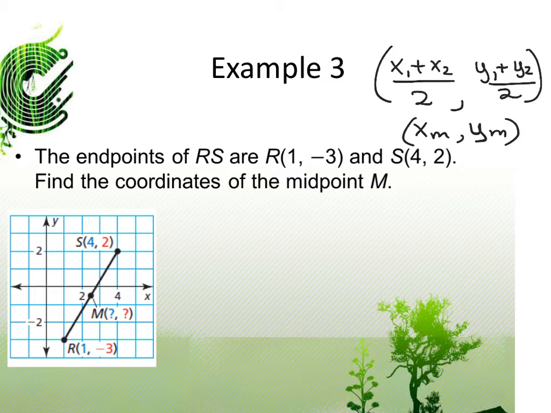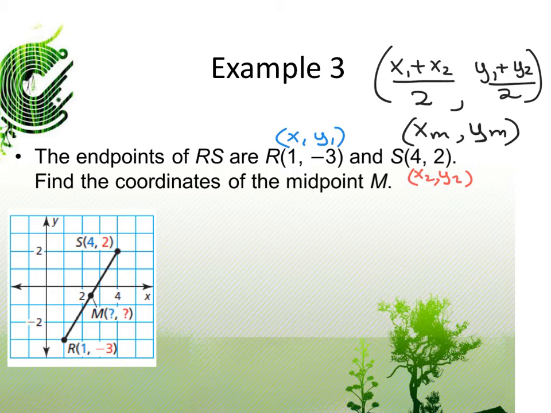Remember, it's going to be an ordered pair, or coordinate. When you do this, it doesn't matter if R is x1, y1 or x2, y2. You're going to get the same answer either way. So I'm going to say R is x1, y1, and S is x2, y2, just to see how I plug it into the formula.